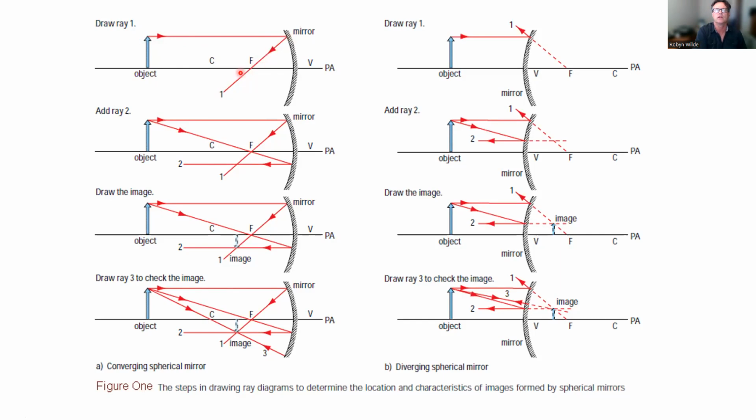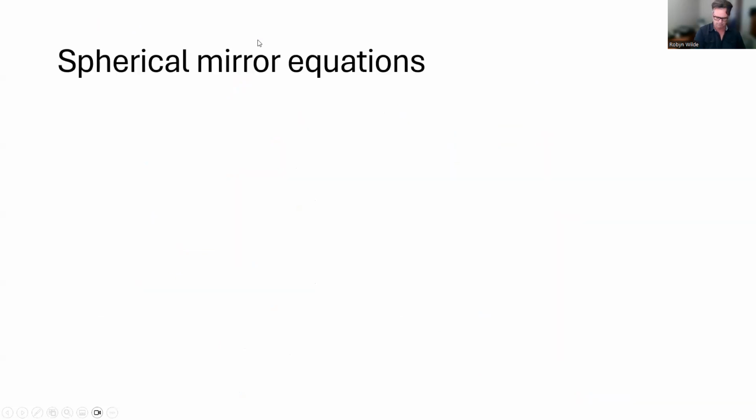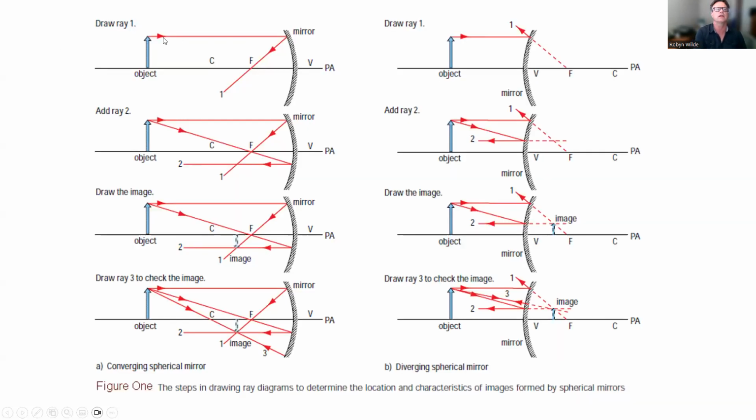So we know that the image has to lie somewhere along this reflected ray. We need another ray to determine where that second reflection crosses, and that will tell us where the top of the image is. So why don't we do the reverse of this ray?